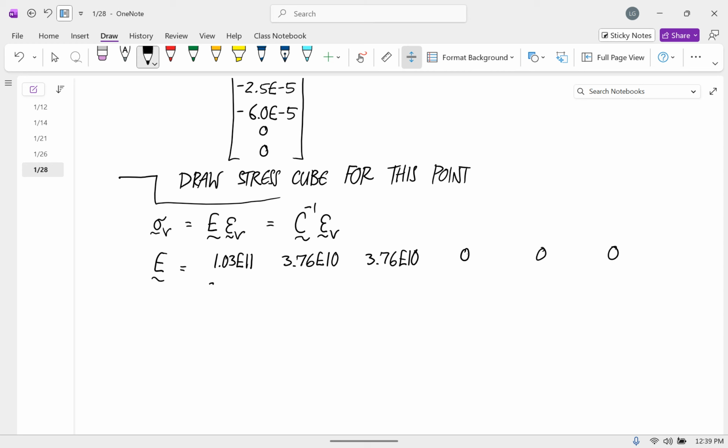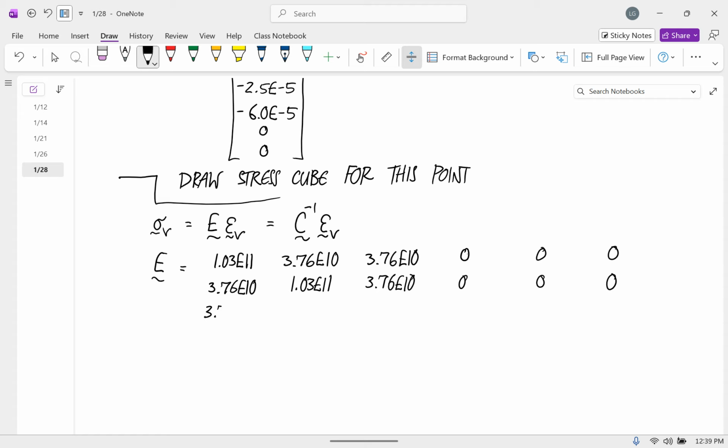Then we have 3.76 times 10 to the 10th, 1.03 times 10 to the 11th, 3.76 times 10 to the 10th, 0, 0, 0.